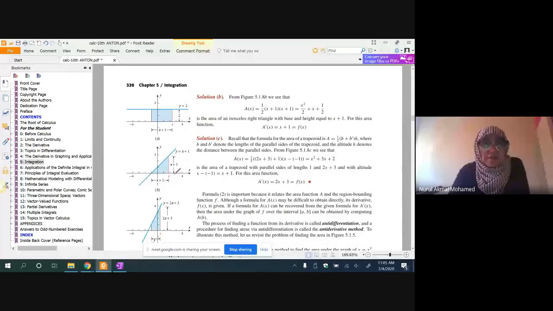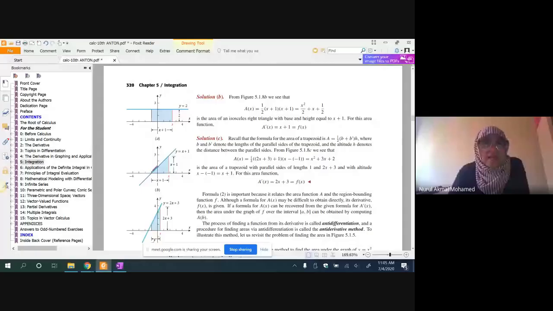The next one will be this figure here, which is a triangle. So you have here x up to -1, and then you have a straight line. It intersects at y equal to 1 as well as x equal to -1. So the area of the triangle, you know from the formula, will be 1/2 multiplied with the length of the base multiplied with the height.